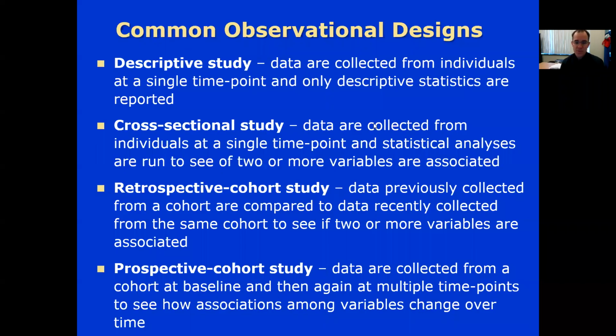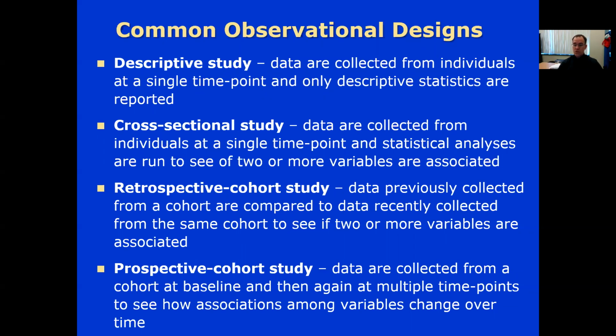The next design is the retrospective cohort study, where you look at data that's been previously collected from a cohort or group and compare it to data recently collected from the same cohort to see if two or more variables are associated. So for example, it might be individuals who smoke and lung cancer. You would take a group of individuals that have lung cancer, and then you would survey and find out if they smoked previously.